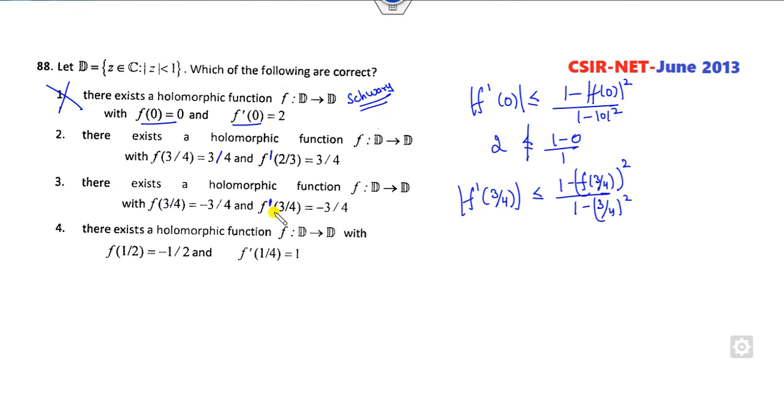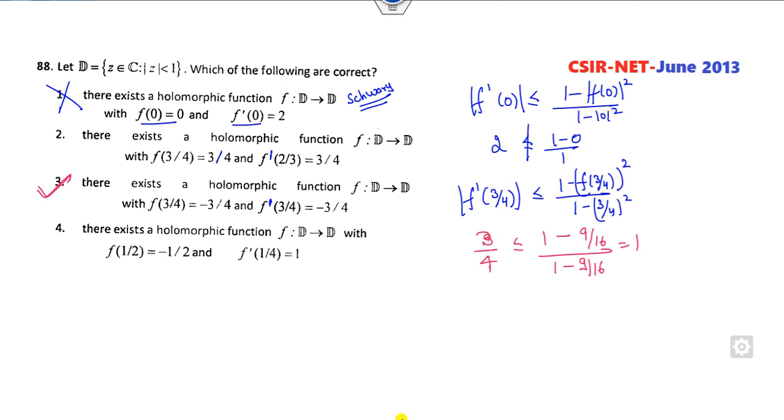So the left hand side is the modulus of f' of this, so it's 3/4. f(3/4) squared is 9/16, and 1 − 9/16 is 7/16... but 3/4 is less than 1. Yes, so this, there exists, is the right answer of this problem.